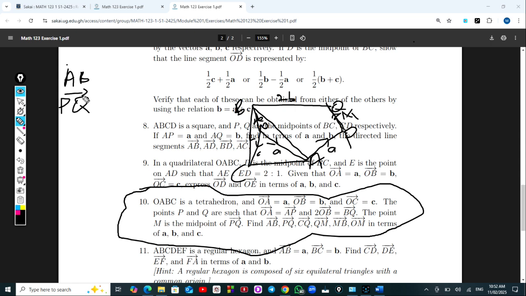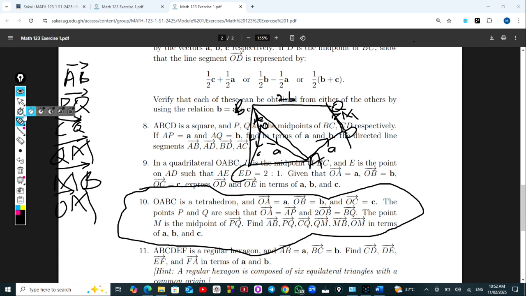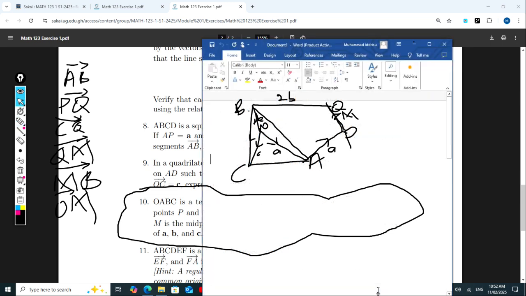So we are finding these vectors: CQ, QM, MB, OM in terms of a, b, and c.